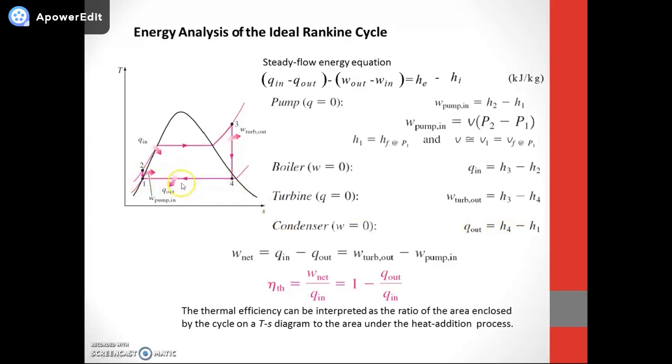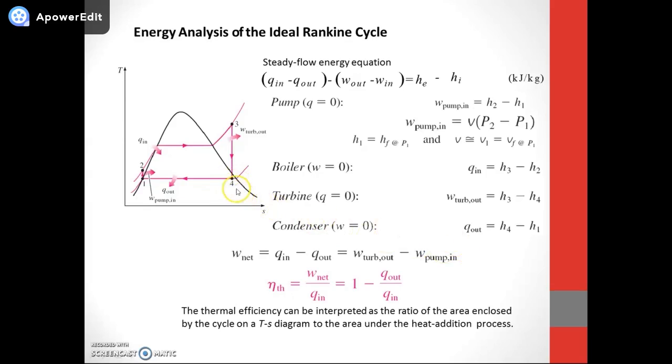If you have T3, you can find S3. Another approach: states 3 and 4 are isentropic, right? If you can find S3 at state number 3, you can also get S4. S4 is equal to S3, the entropy. So if S4 equals S3, you have two things already: pressure and entropy at state number 4.